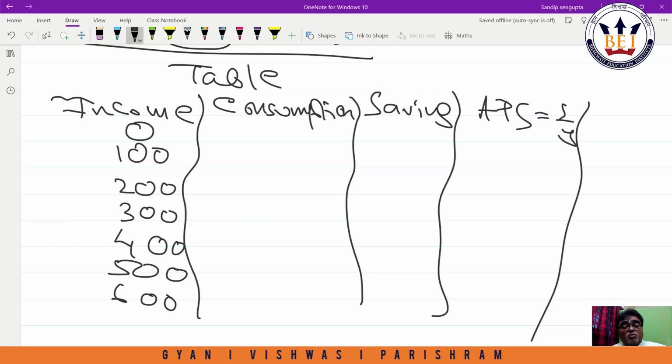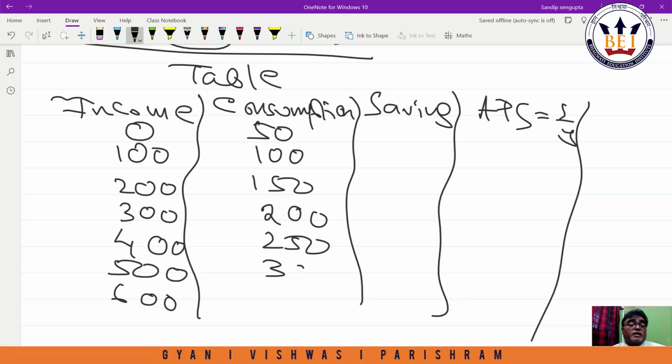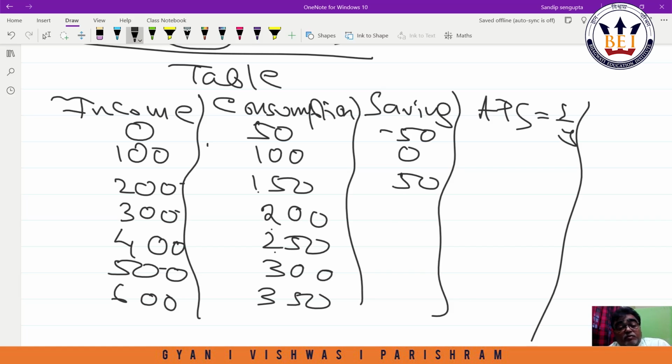Arbitrary, I am taking. Consumption say 50, 100, 150, 200, 250, 300, 350. Saving first is minus 50, then 0, then 50, then 100. This way we can go ahead, and APS also will go ahead this way. You can take care of this.